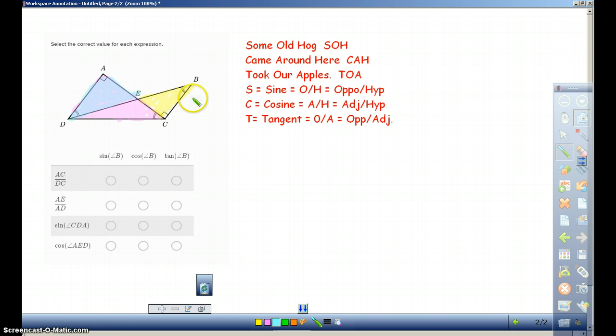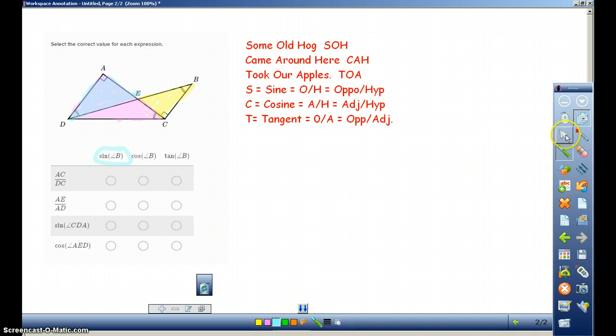So when the problem asks for the sine of angle B and gives you possible ratios, we have to remember that the answer is not necessarily going to be given in this yellow triangle. It could be given in the pink triangle, or in the blue triangle, as long as we consider this angle congruent to this angle, so those would be the same ratios, and this angle, so those would be the same ratios.